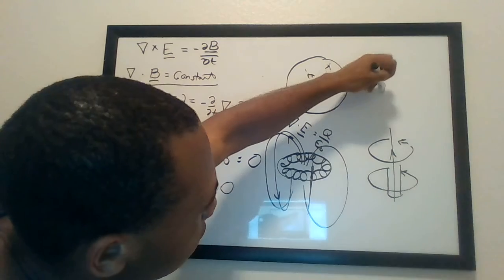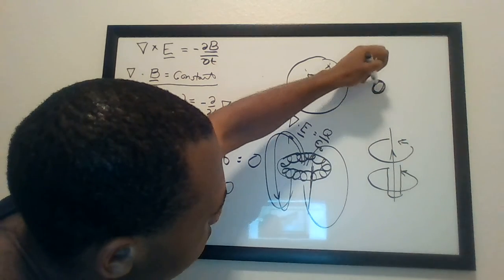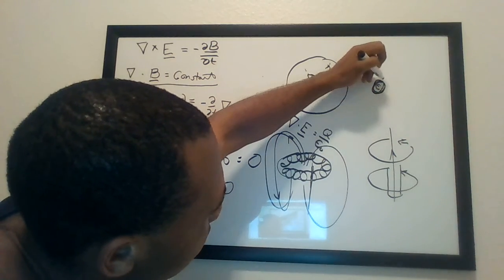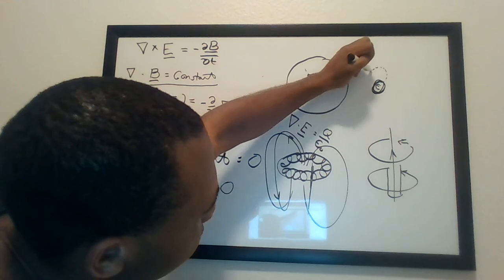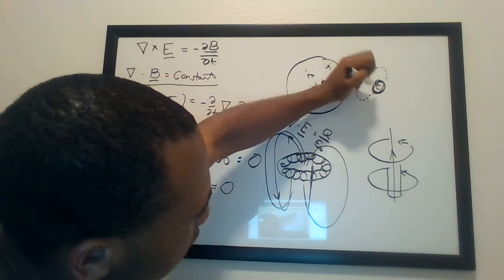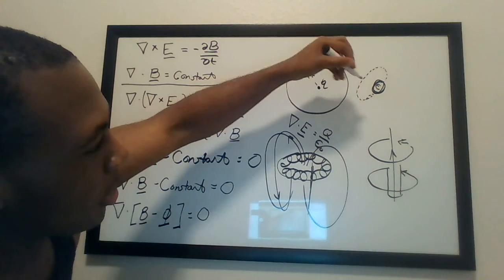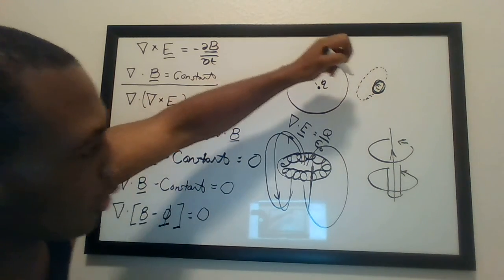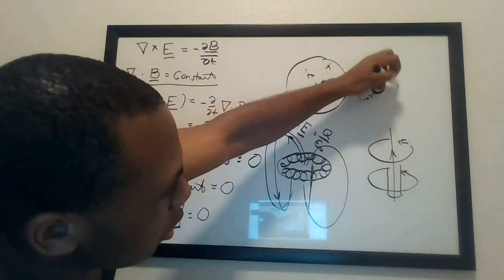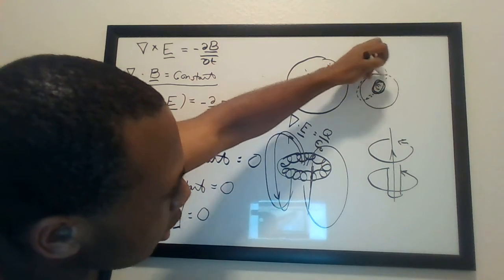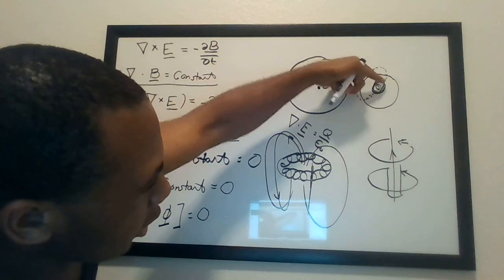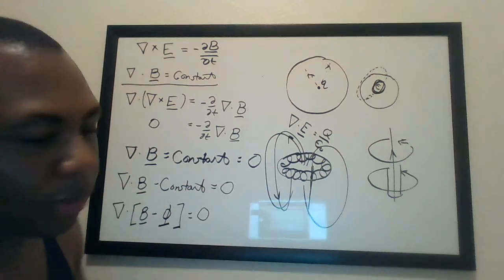Even on Earth, let's say that this is the planet Earth, we have magnetic field lines coming from various sources. Take the North and South poles, for example. It's not really that perfect, but if you take a Gaussian sphere around the two, you have a magnetic field coming out and the magnetic field going back in.